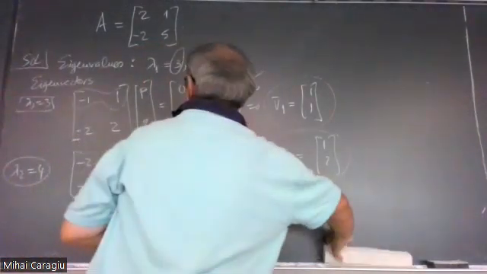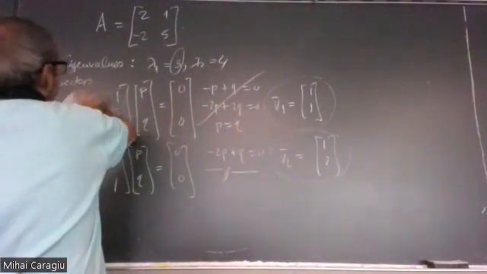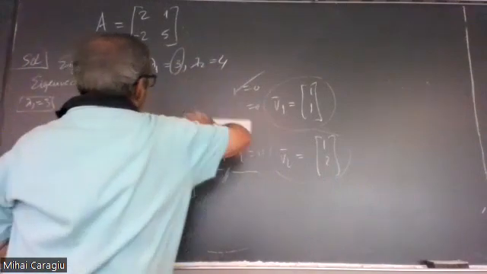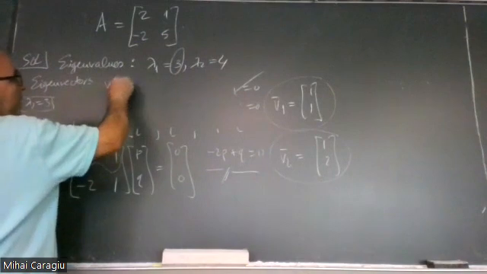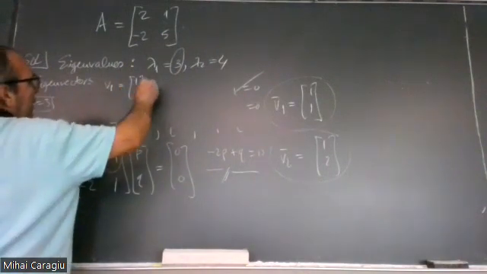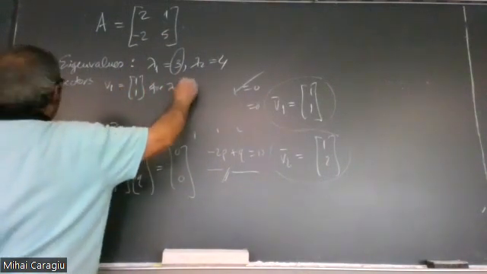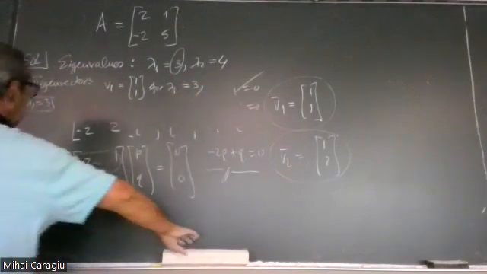Okay, so eigenvectors. We'll put v1 equals 1, 1 for lambda 1 equals 3. Okay, we got this.